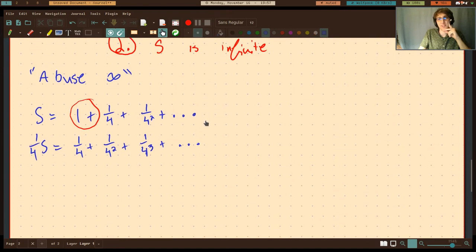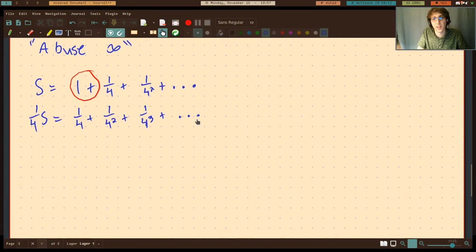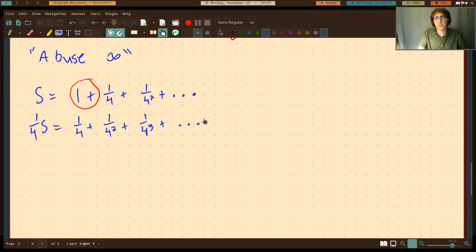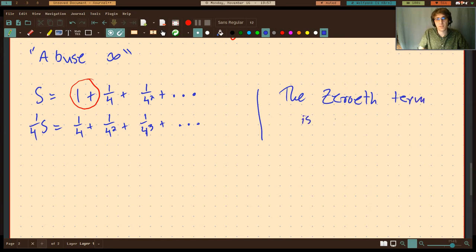And since it's infinite, there's no short supply of next terms, right? They go on forever. But there is a short supply of the first term. There's only one first term, or the 0th term really. The 0th term is gone.